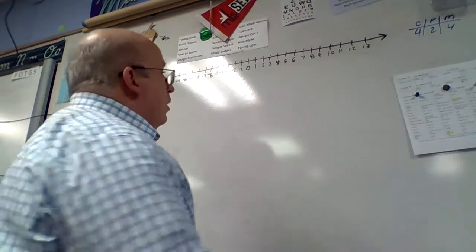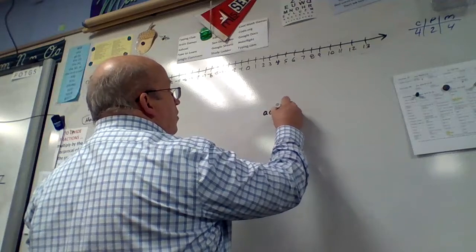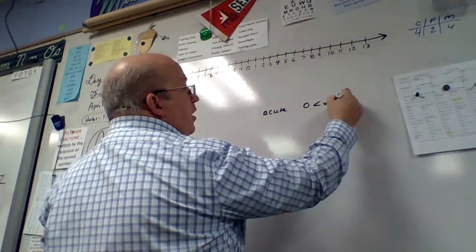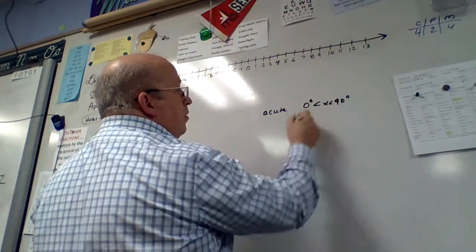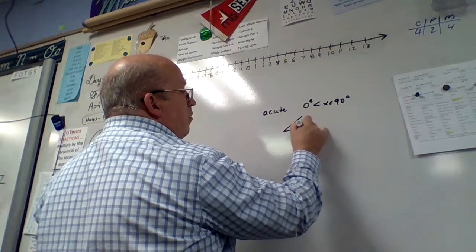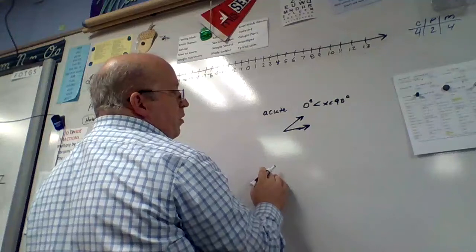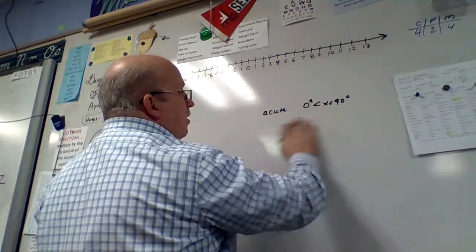Well, just as kind of a review, remember, acute angles are angles that are somewhere between 0 and 90 degrees. So for example, this right here would be an acute angle because it's approximately 25 to 30 degrees. 25 to 30 degrees would fit in that category.